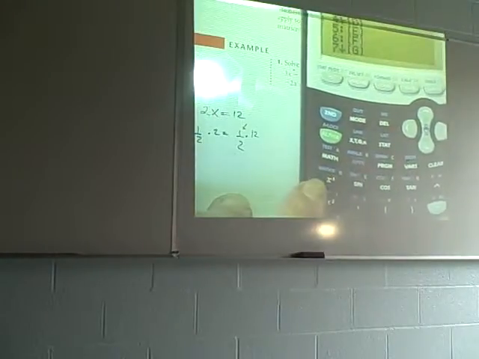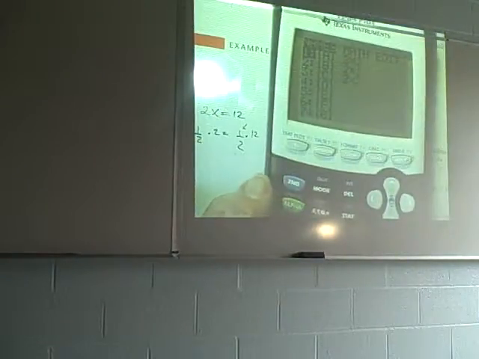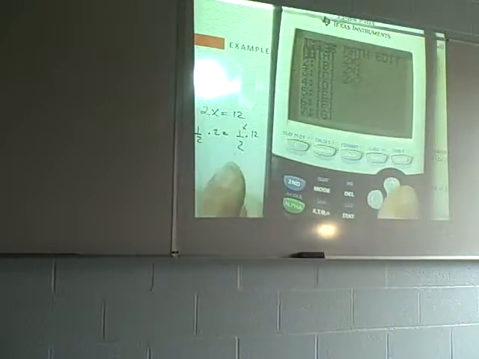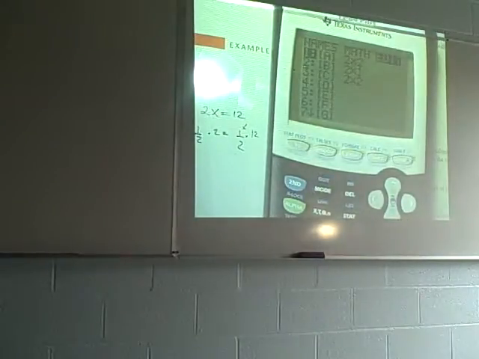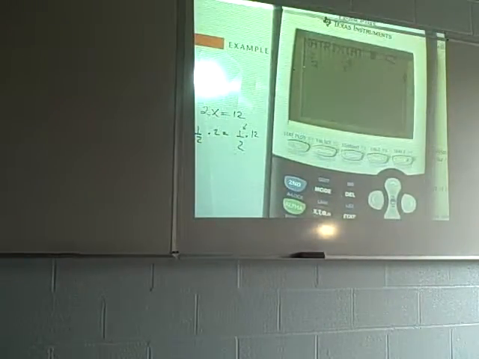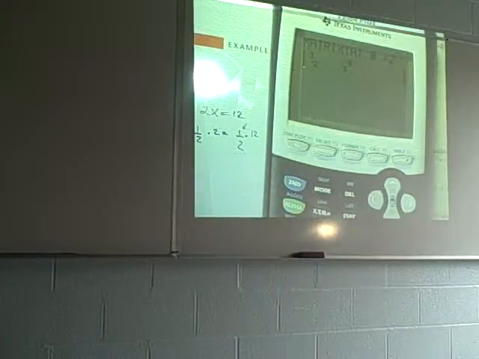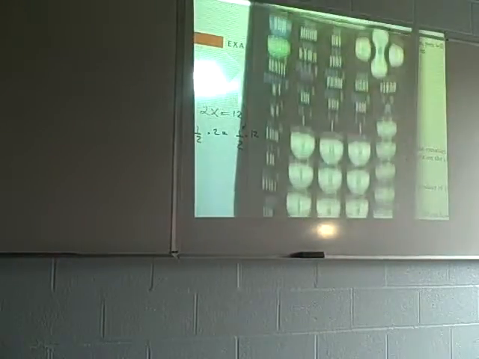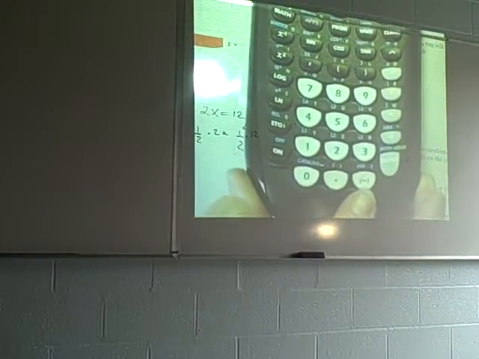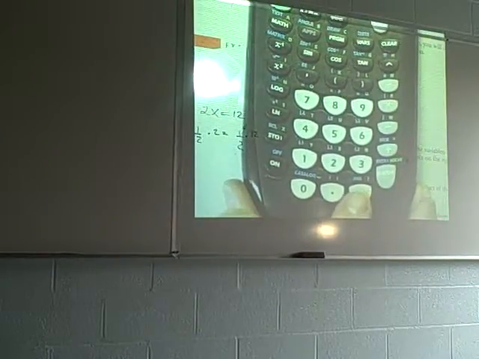It says matrix, x to the negative 1. So I'm going to scroll over to 2, and I'm entering in my data, and my data is 3. Remember, if we're using a negative number, we're using the negative all the way down here. We're not using a subtract sign.